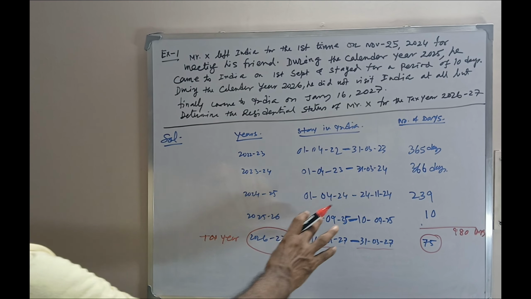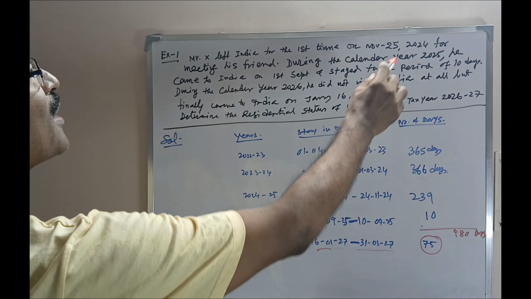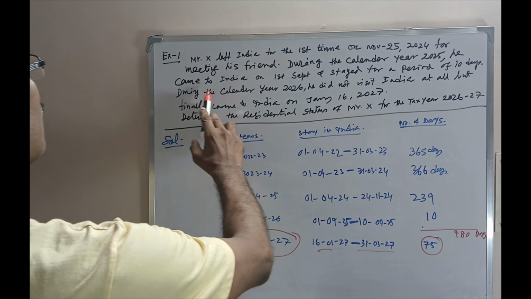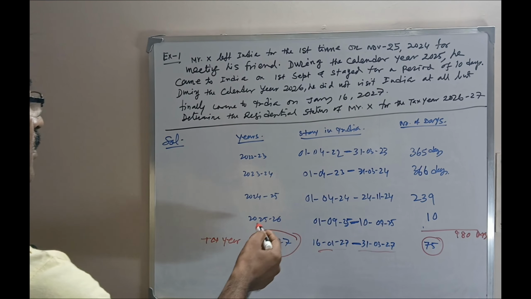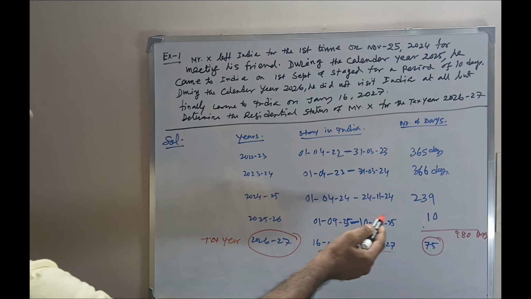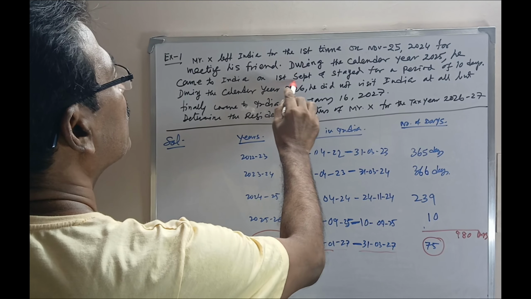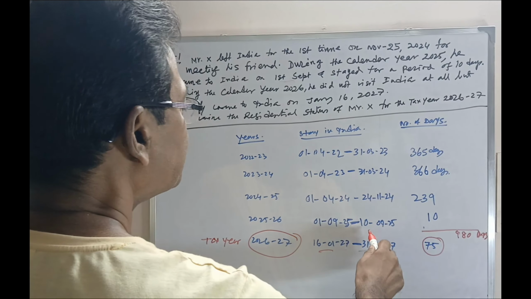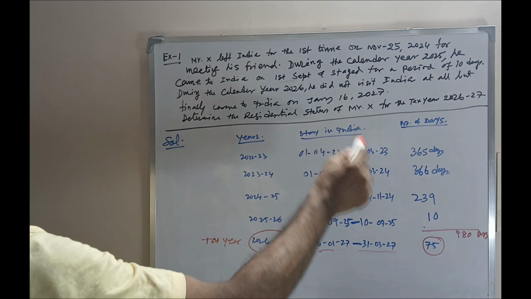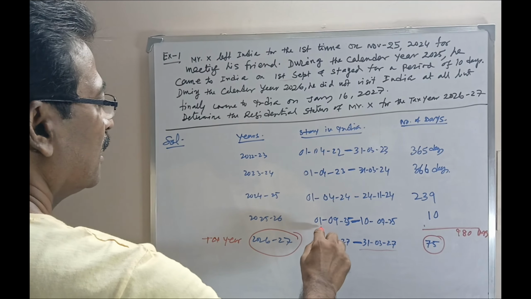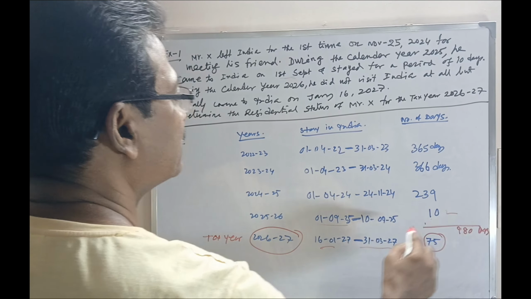Now in 25-26, he came on 1st September and stayed for a period of 10 days, from 1st September to 10th September, only 10 days, and in 26 he did not visit India.